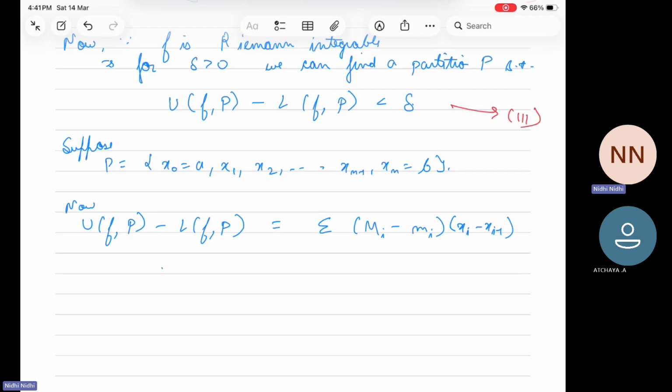Now I'll subdivide this finite sum, i from 1 to n.